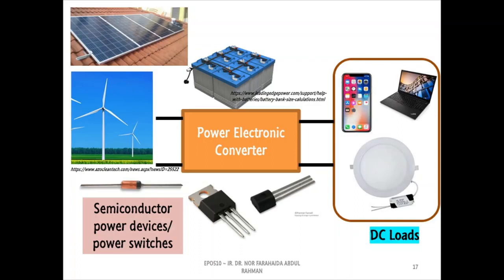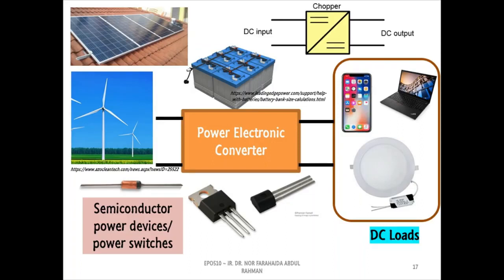Therefore, these appliances still require a power electronic converter to step down or step up the input DC power. The converter that performs DC to DC power conversion for DC regulation is known as a DC-DC chopper.